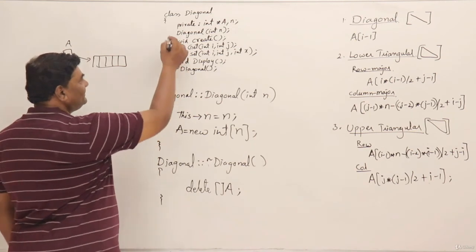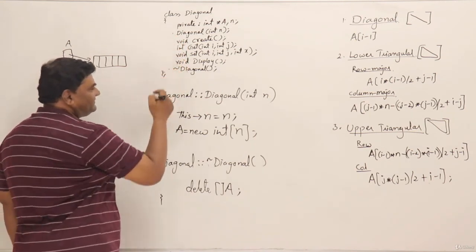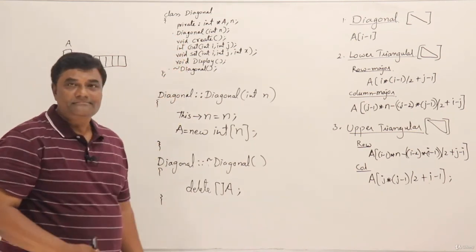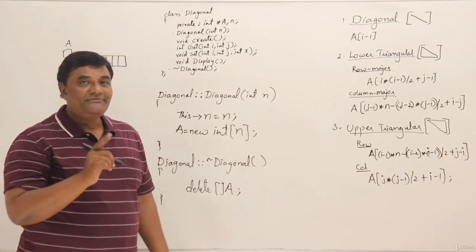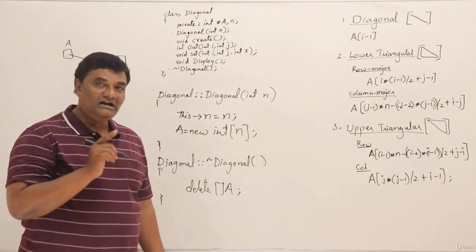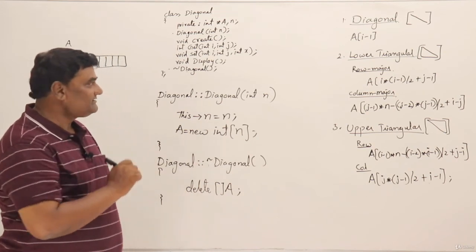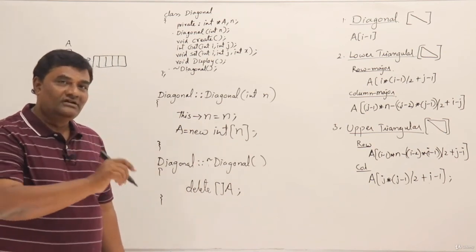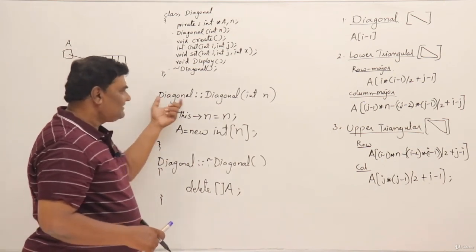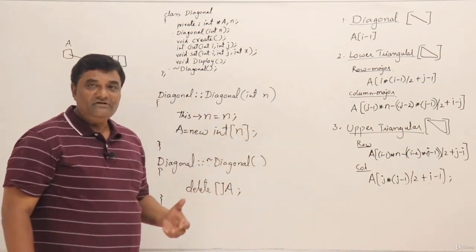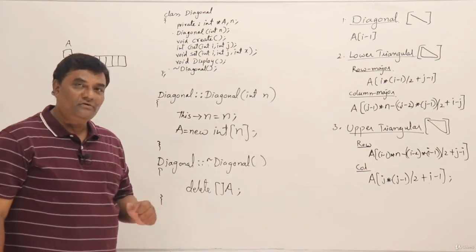So I have finished with constructor and destructor for a diagonal. Now I have to pick up the next function. But before picking up the next function, I will explain something about other matrices. If it is lower triangular matrix, then what will be the change? Definitely the class name and the constructor name will differ, but apart from that, what will be the change in the code?